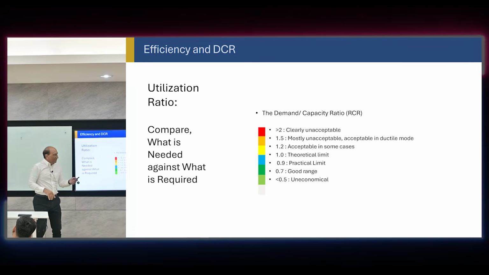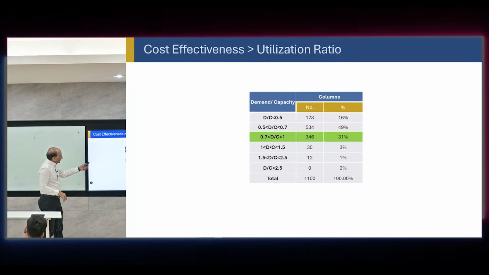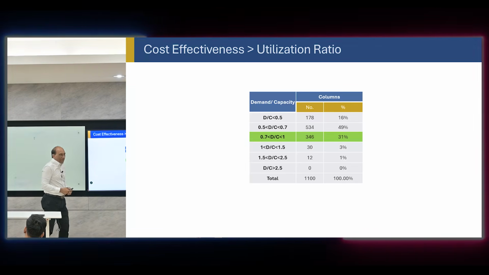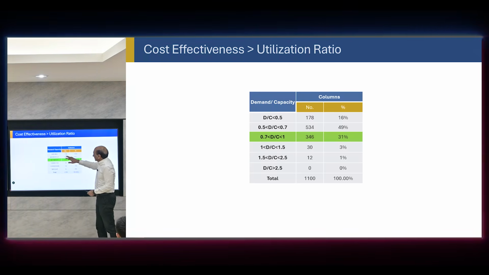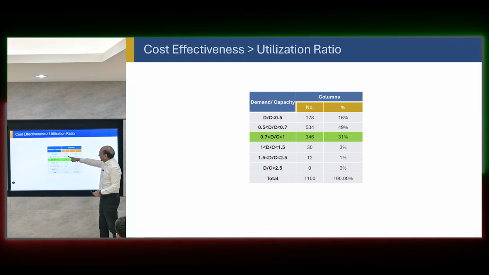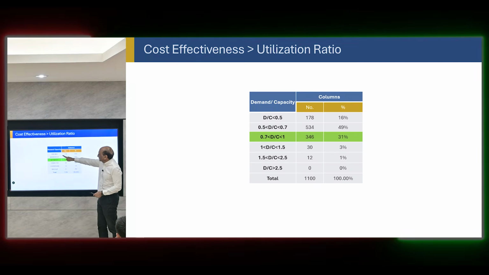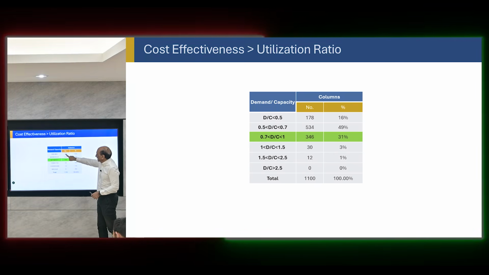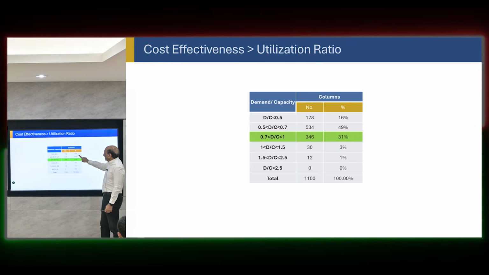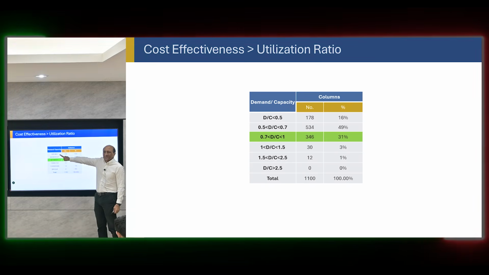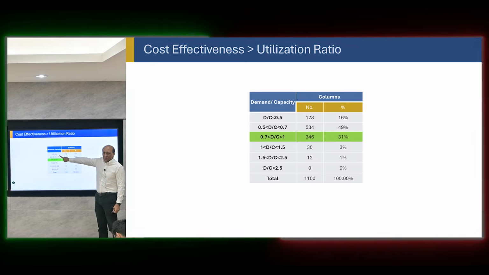And then we can go one more step and create this table. We can say in my building, I had 178 columns, and 16% of the total columns are less than 0.5. That means 16% of the columns were uneconomical, right?